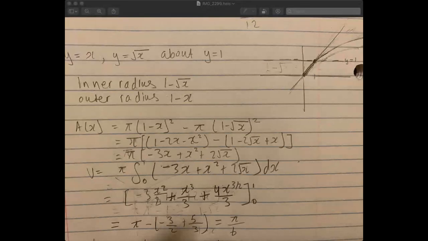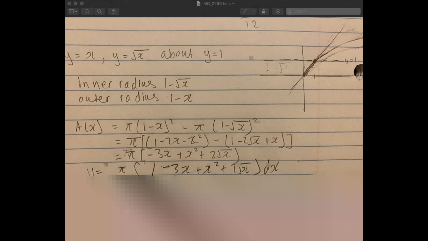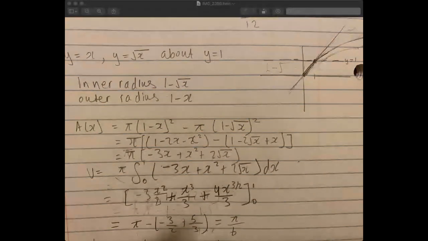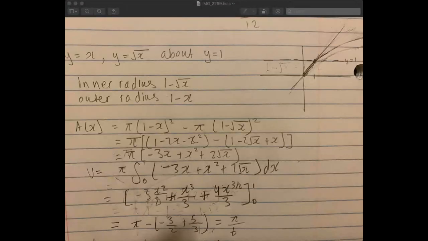Good morning, Professor. I see your screen. So basically, we have two functions, y equals x and y equals radical x, and we're rotating on the line y equals 1. And this is going to be a washer, meaning it's going to have an inner and an outer radius.